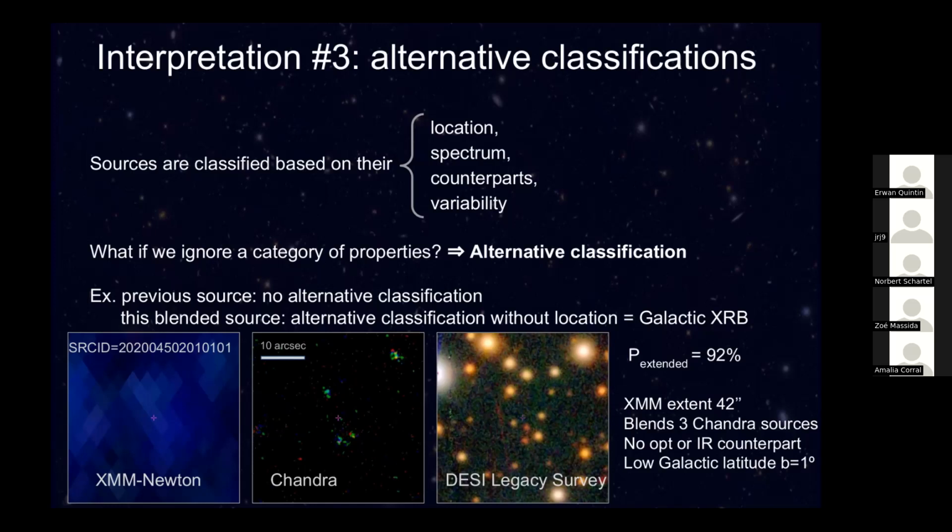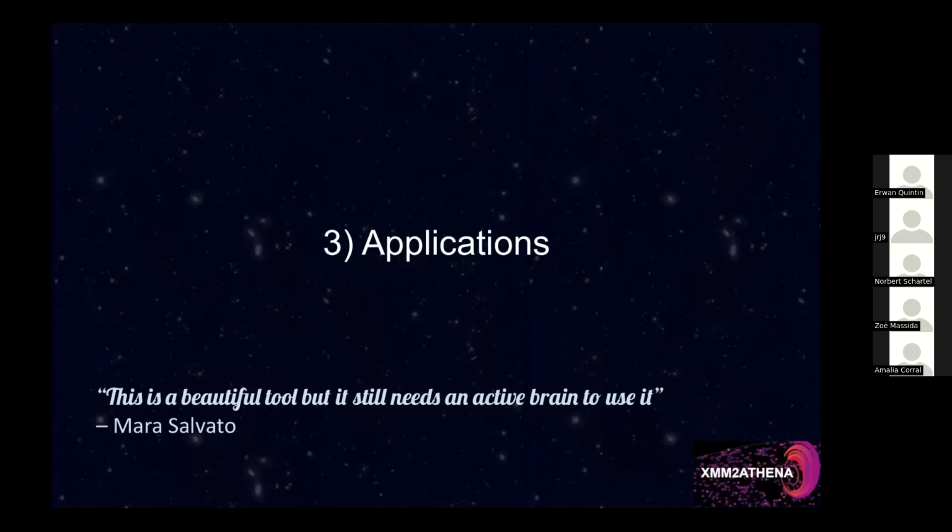And so the classification result is extended source. But the classification also tells you that if we did not consider the location features, it would be classified as galactic X-ray binary. So this is another way to interpret the classification.